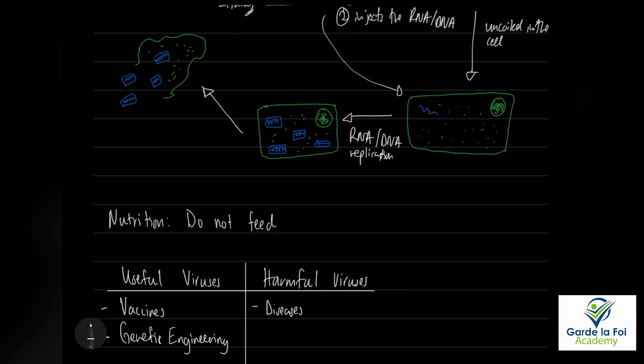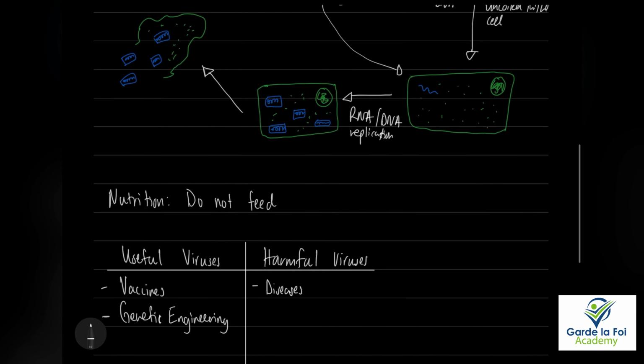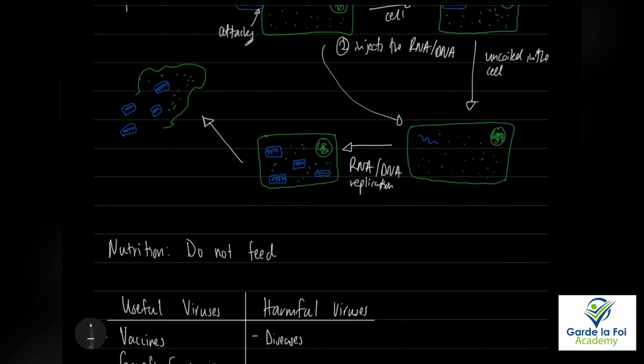The cell carries out the process of replicating the virus, and the virus takes advantage of that process. So when DNA or RNA replication happens, we see many viruses being produced inside the cell. And the cell increases in size until it bursts, with the viruses being released.